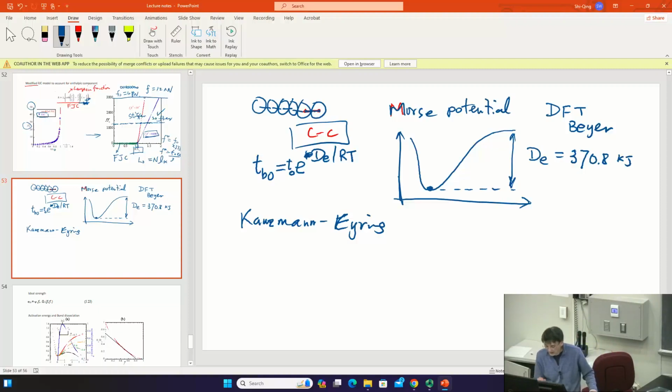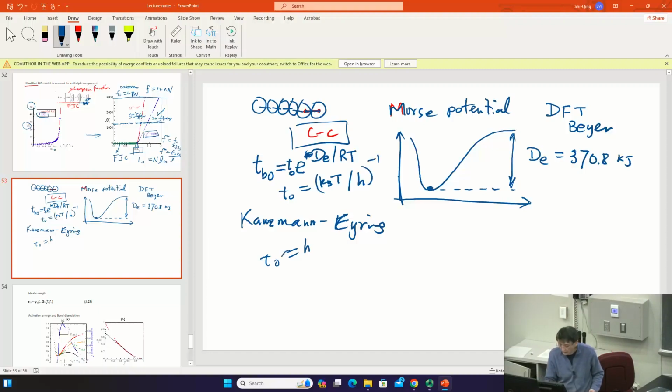And in this formulation, T0 typically is regarded as the vibration frequency of the bond, dictated by KT divided by... I think I'm doing it wrong. It should be H divided by KT. Okay.